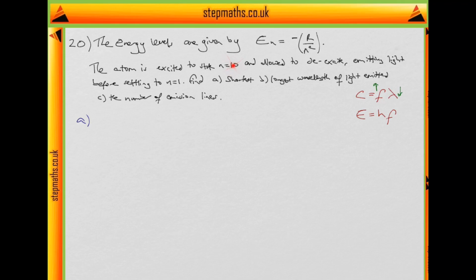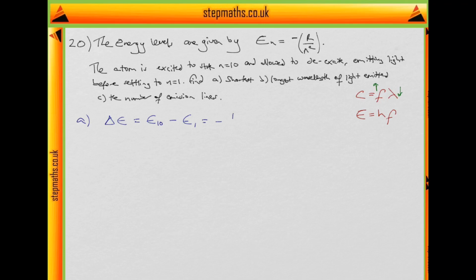So if we find a transition of an electron from n equals 10 down to the lowest energy state, n equals 1, the difference between the energies will give us the energy of the photon emitted, and that will allow us to find the shortest wavelength. The change in energy is equal to the energy at the n equals 10 state subtracted by the n equals 1 state.